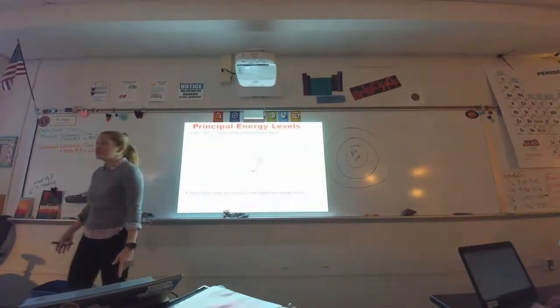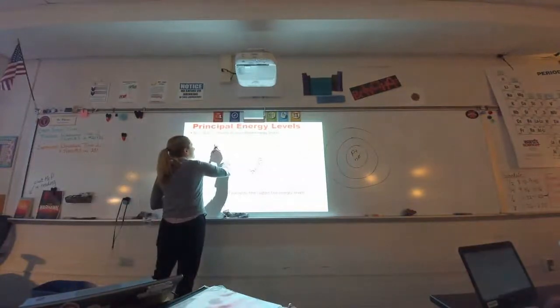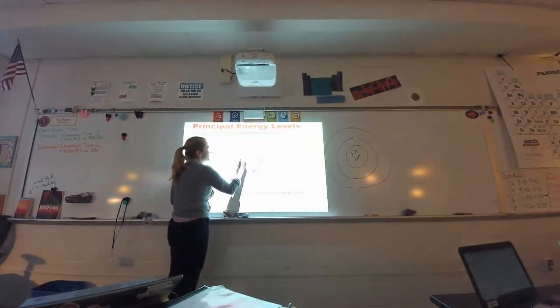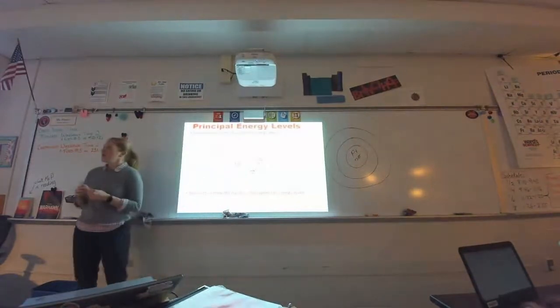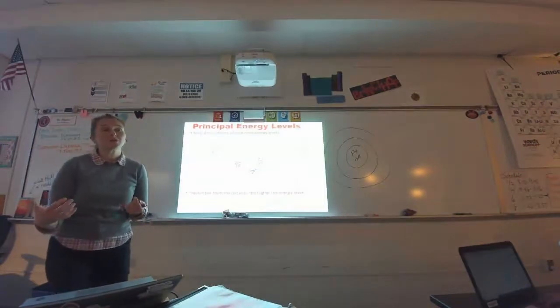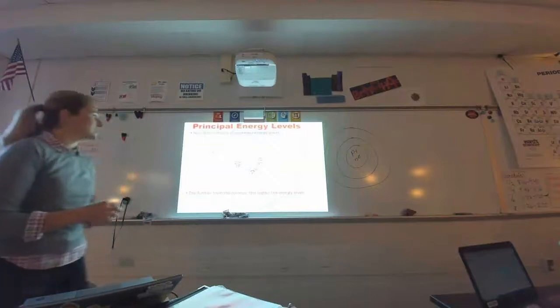A lot of potential energy. Down here, lower potential energy. And this will become very important in our flame lab. And it's really important for why we have lights and everything else going on there.